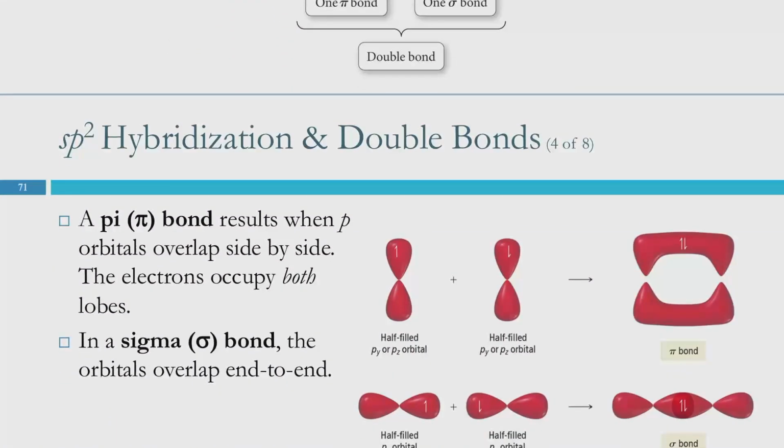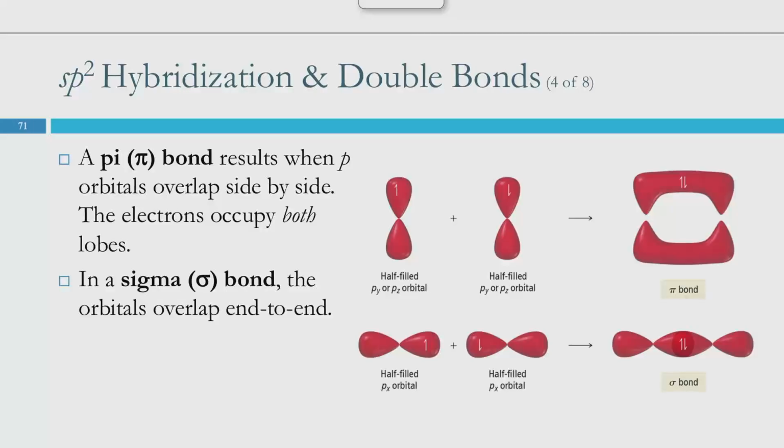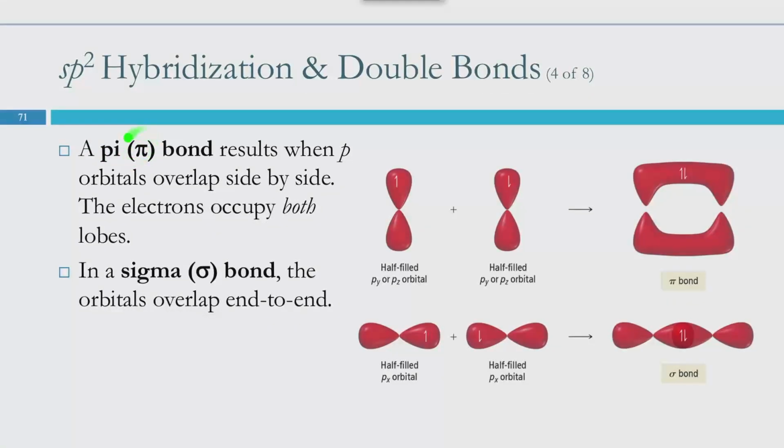Okay, so breaking that down. We've got 2 types of bonds. We saw some symbols there. We've got a pi bond, pi like the Greek letter. Our pi bond, the same symbol that we use in math, results from p orbitals overlapping side by side.